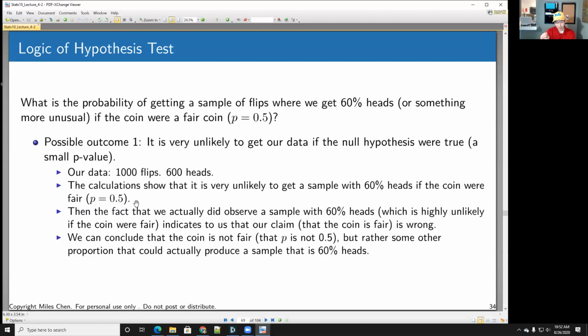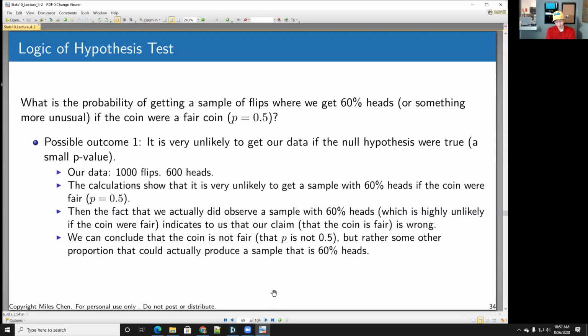And so the very fact that it did happen means that the assumption upon which we made these calculations was wrong, right? Because it did happen, we must conclude that the coin is not a fair coin. And that's the explanation behind why we observed the outcome that we did.